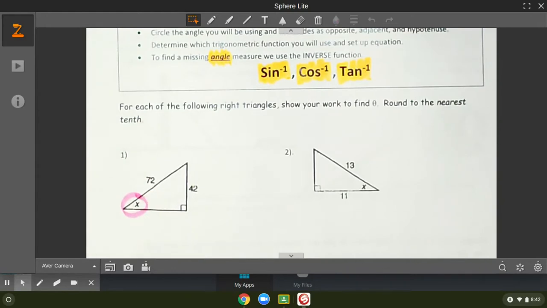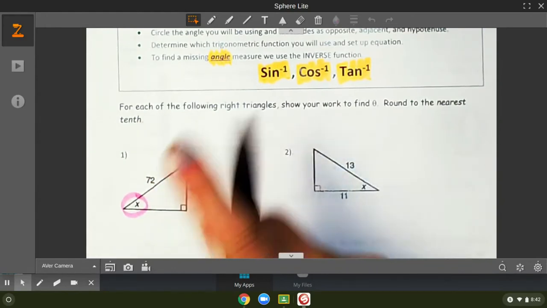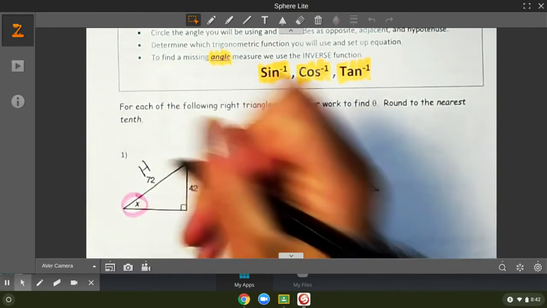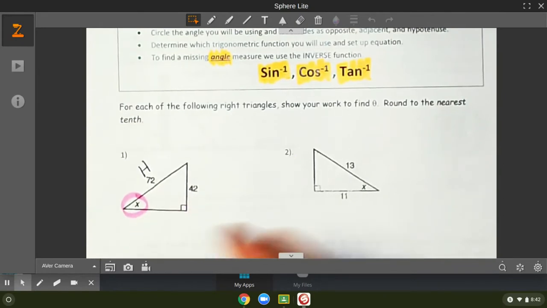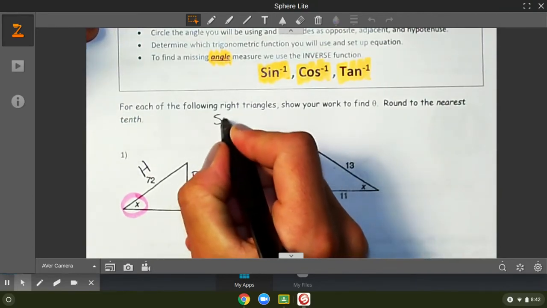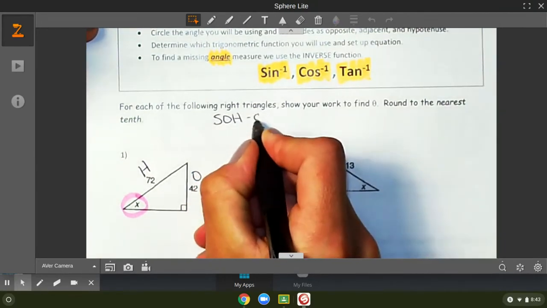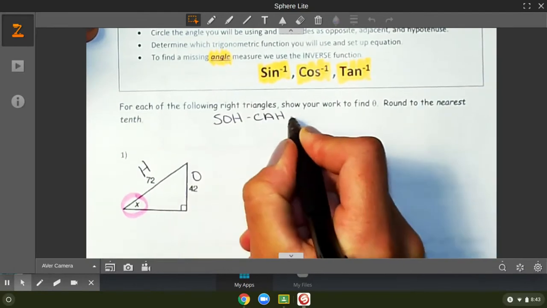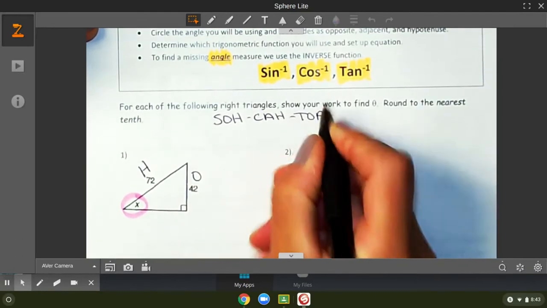The 72 is opposite the 90-degree angle, so this is our hypotenuse. And then the 42 is directly across. It's not next to angle X, it's across from it, so that would be your opposite side. Now we have to remember that phrase from our last lesson, SOH CAH TOA.